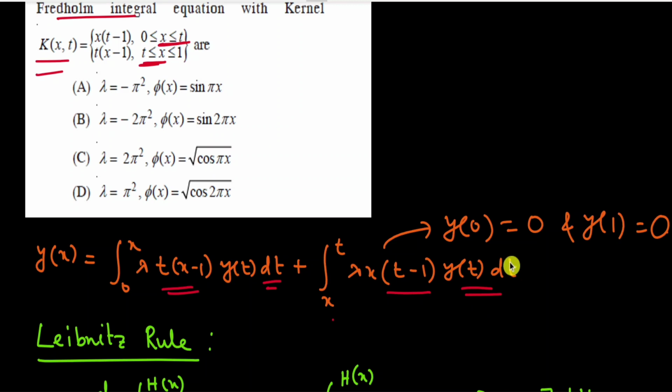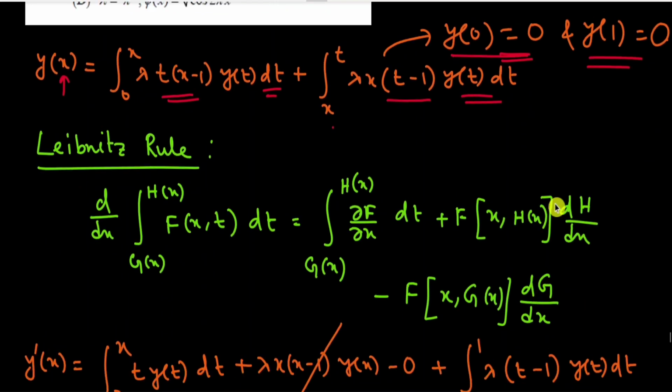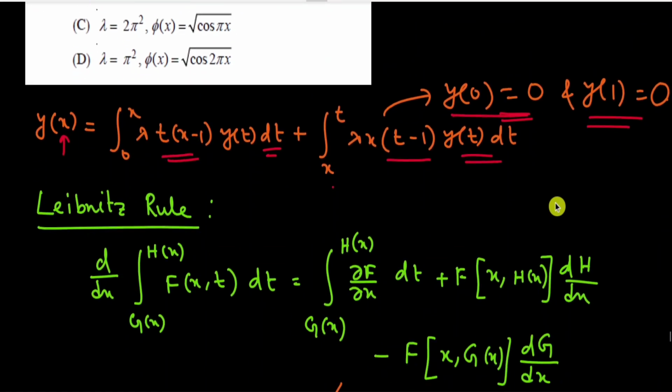Now apply the boundary condition. To get the boundary condition, we put the value at x equal to 0 and x equal to 1, and we get the value of y0 equal to 0 and y1 equal to 0. We need these two values to solve this equation. Now here we apply the Leibniz rule for differentiation.